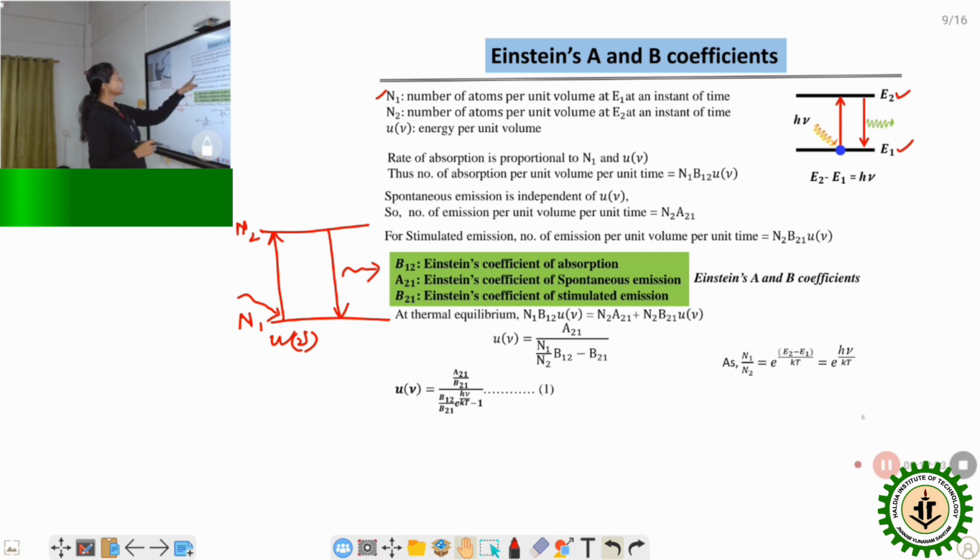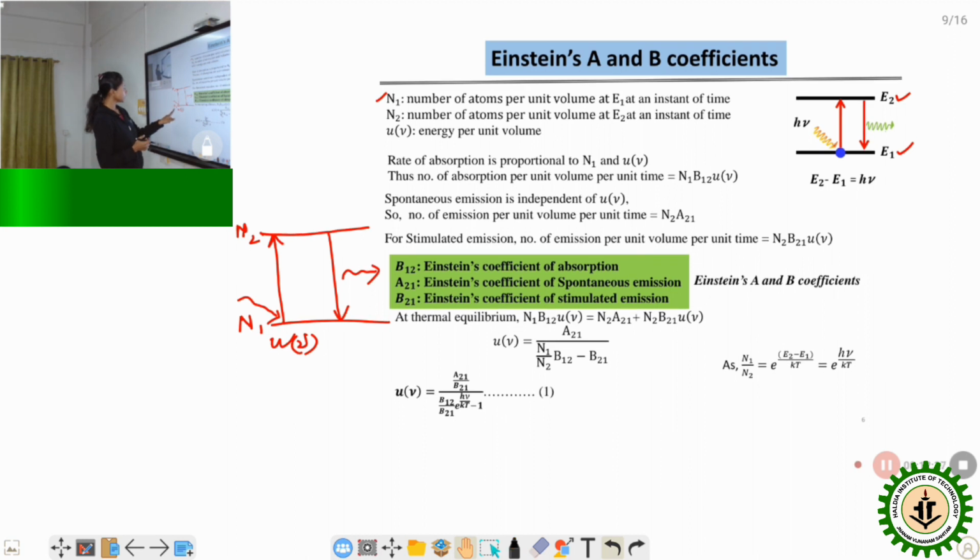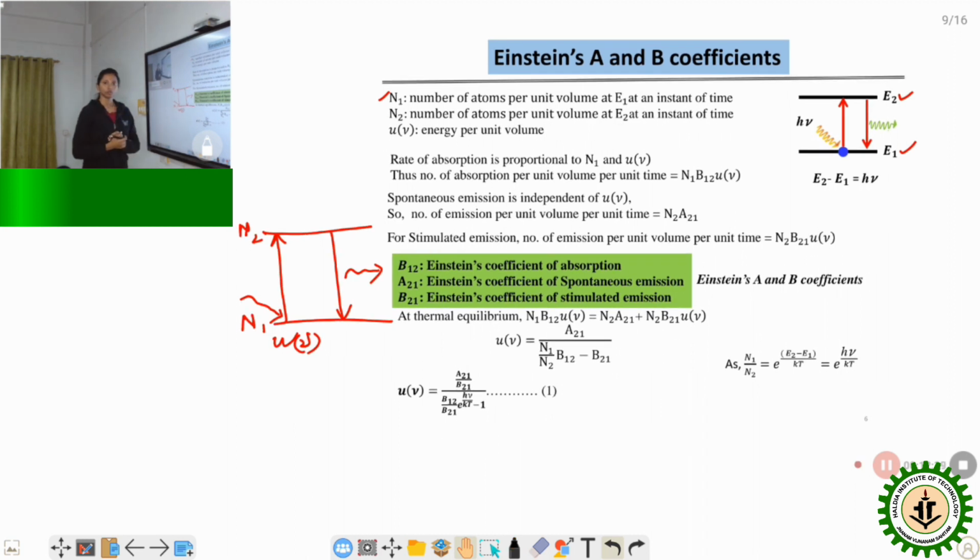So the rate of absorption is proportional to N1 and U. How? If there are more atoms present, then more atoms can go to the higher excited state. That means the rate of absorption is proportional to N1.